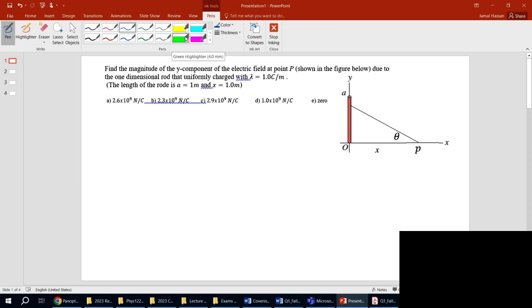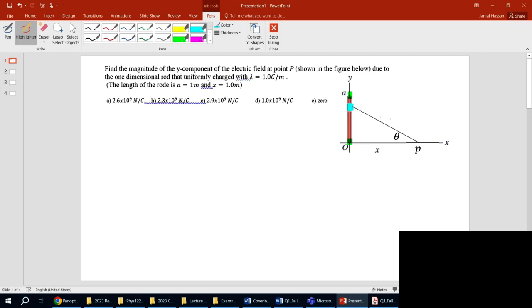Okay, so the first thing you think about in this question is a distribution of charge. So you have a rod. First step, you need to divide the rod into many small pieces, right? The first piece is going to start at the very beginning, and the last piece would be at the very last piece of the rod. Let's show only one of them for the sake of the solution.